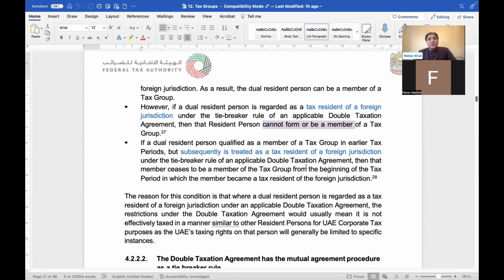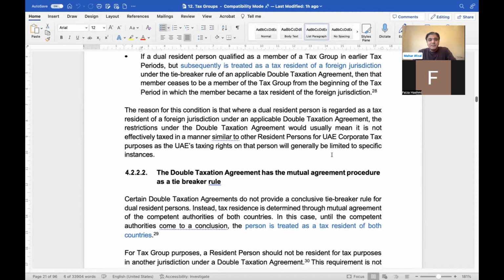Subsequently, if a dual resident person who qualified as a member of a tax group in an earlier tax period is subsequently treated as a non-tax resident, initially a resident of the UAE but later not a resident of the UAE, then the person ceases to be a member of the tax group from the beginning of the respective tax period, which we have already discussed.